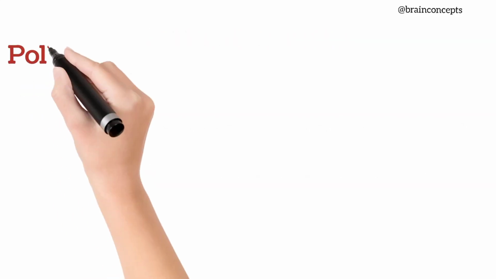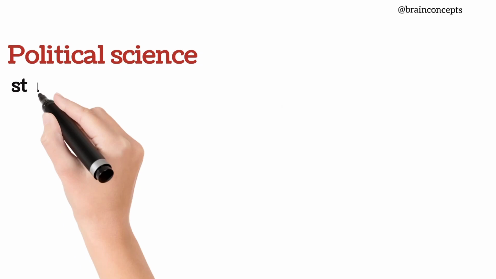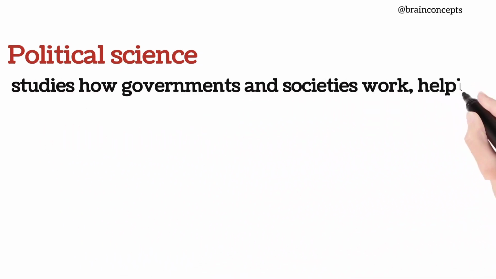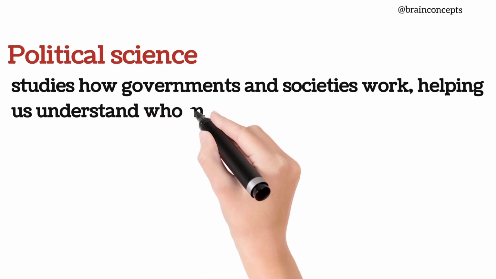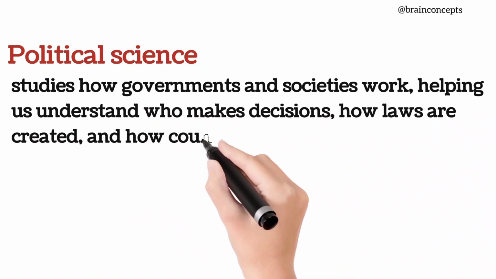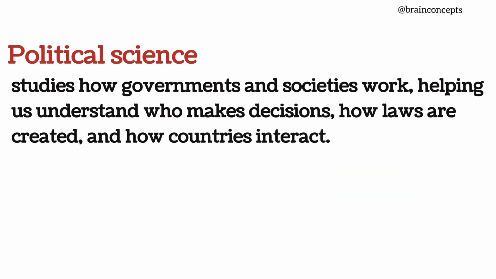Let's conclude this video with a simplified explanation of this concept: political science is the study of how governments and societies work, helping us understand who makes decisions, how laws are created, and how countries interact.